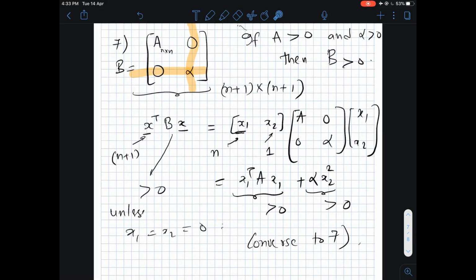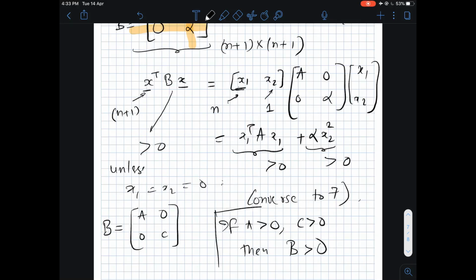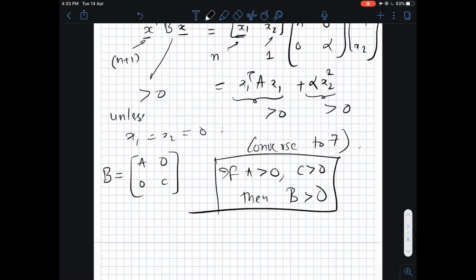For that matter, you could have appended A not just with a scalar here. You could have appended it with another diagonal matrix. So you could also have something like this: A, 0, 0, C. Call this B. If A and C are positive definite, then B is also positive definite.